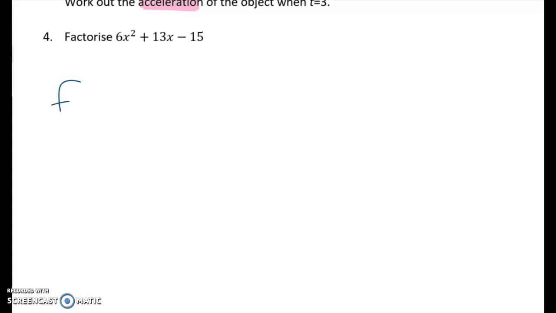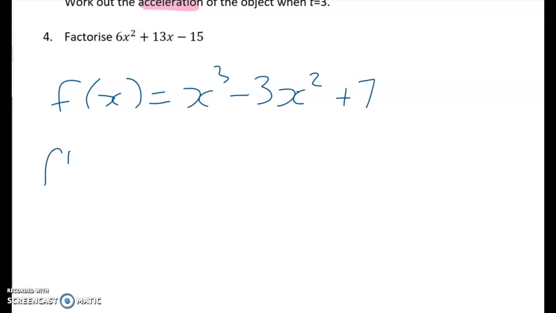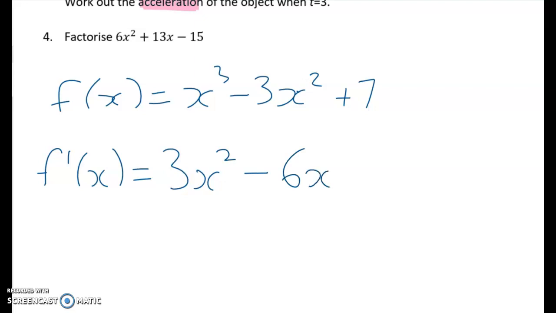Right, so here's question 1. We've got f of x and it equals x cubed minus 3x squared plus 7. So f dash of x, differentiating that gives me 3x squared minus 6x. And I need to substitute in -1 into that function.